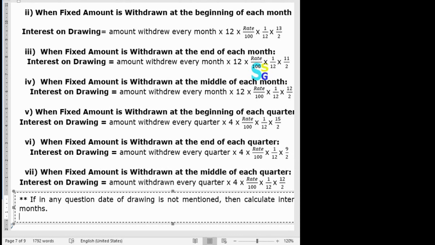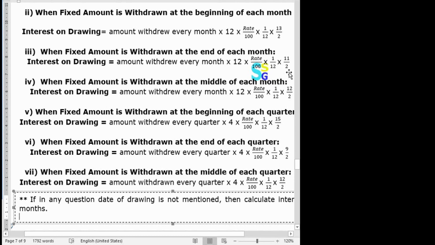On the other hand, the last amount withdrawn by the partner on 31st December, the partner has to pay interest for 0 months because this is the last day. He does not have to pay any interest on the last installment. Now you make that average, 11 plus 0 by 2. 11 plus 0 is equal to 11. So 11 by 2. Is it not very simple?